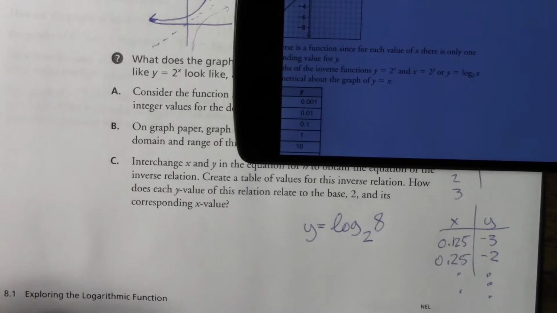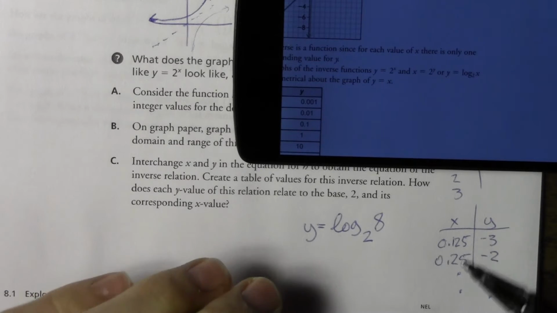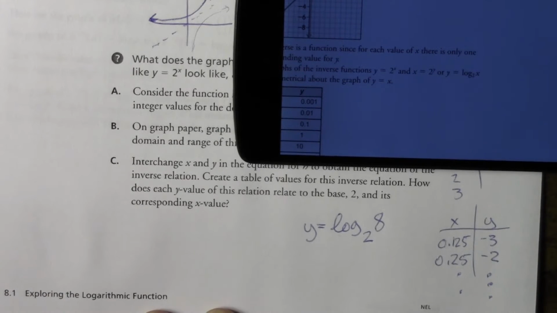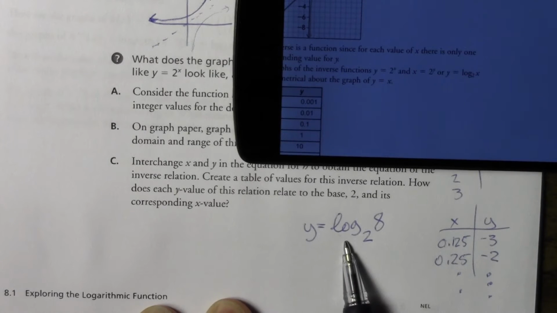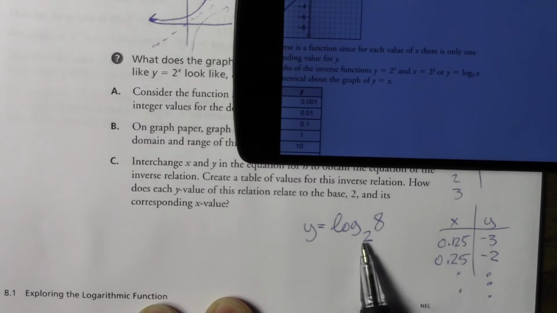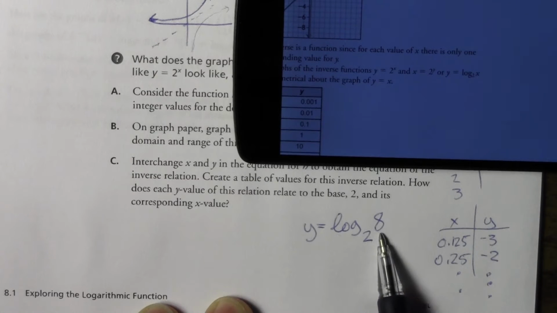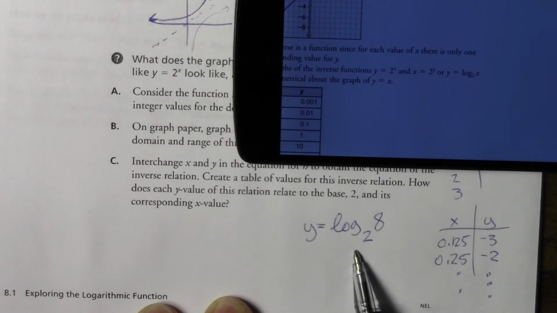Don't use your calculator, because this is the point. I'll say it one more time and then you can guess. The value of y is the exponent that the base, 2, needs to be raised to, to get the value of x, which is 8. So what's the value of y, Gianluca? 3, yes.